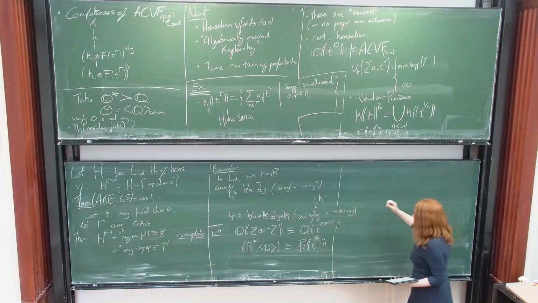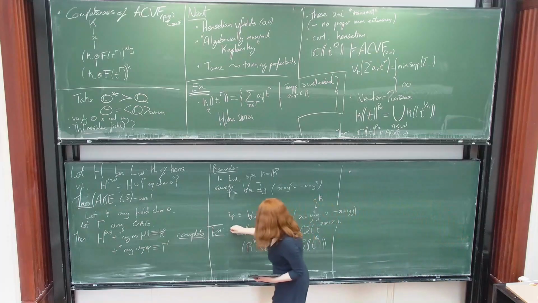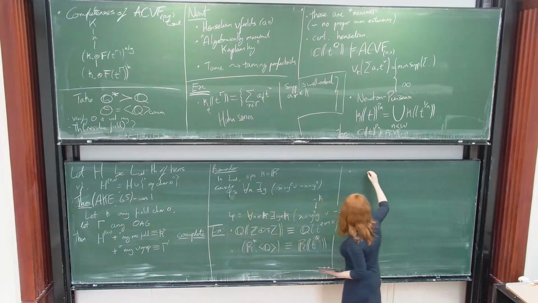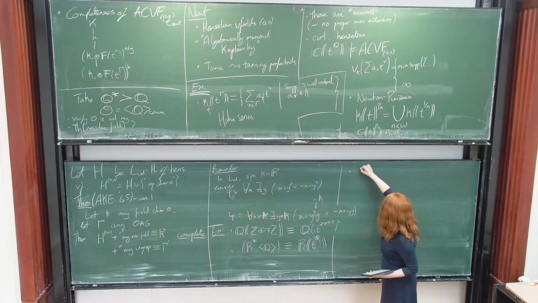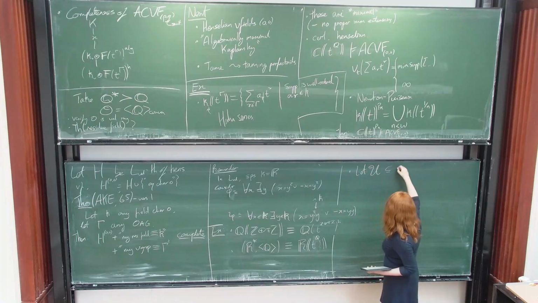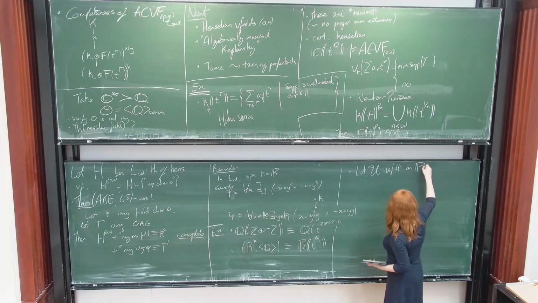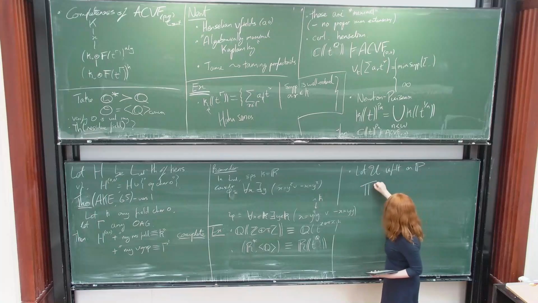Let's do a more interesting example now, right away. Perhaps in some ways the most classic example. Let U be an ultrafilter on the set of primes and consider the following.